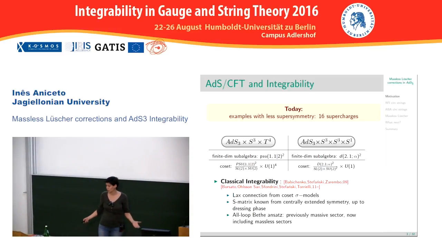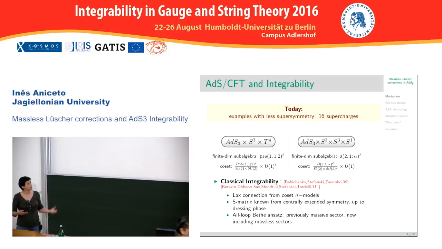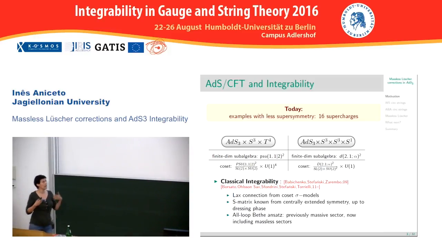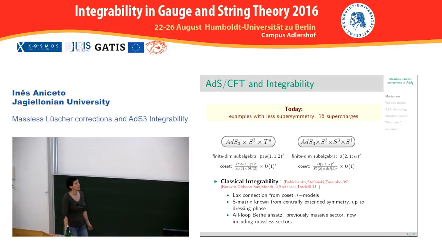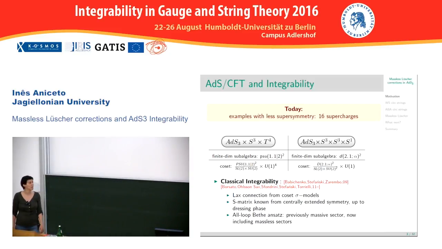We can build a coset, and from that coset, in the same way as AdS5×S5, we can build a Lax connection and determine the S matrix from the symmetries, and also get a no-loop Bethe ansatz, which for a long time was known for the massive sector, and as we've heard this morning, including the massless sectors as well now.